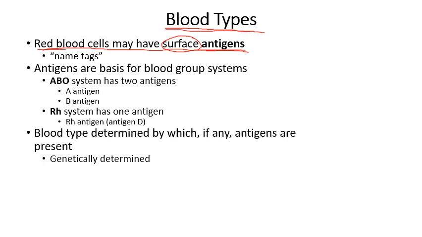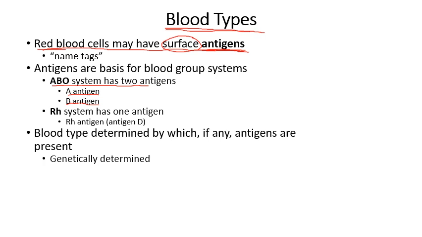So what antigens are on their red blood cells determines their type. We're talking about the ABO system. There are two antigens we're dealing with here. Red blood cells can have what's called an A antigen, a tag on the surface that is different from a B antigen.